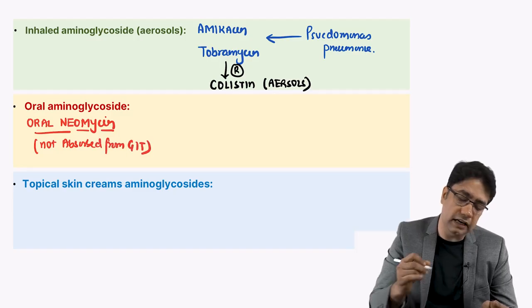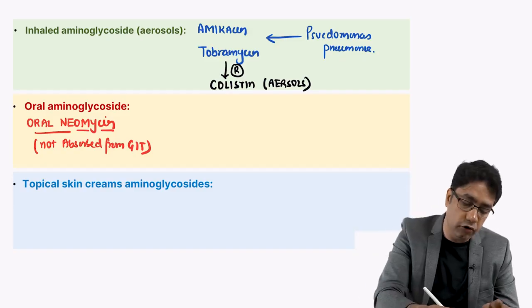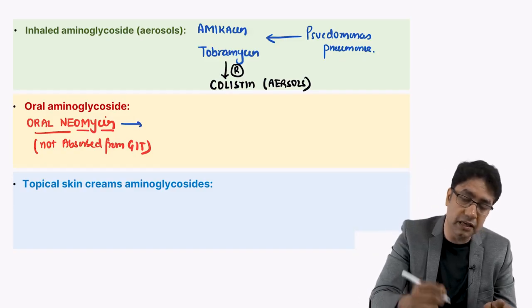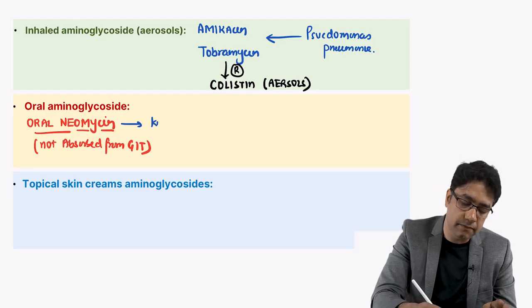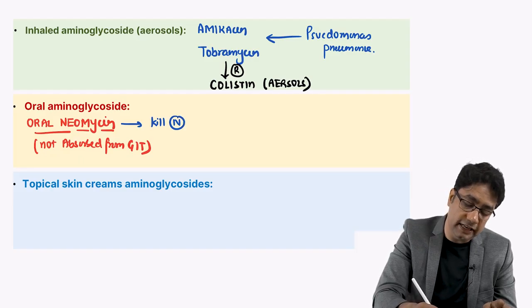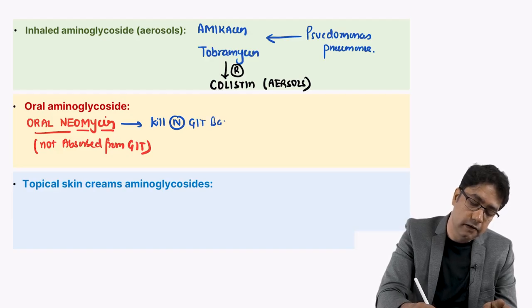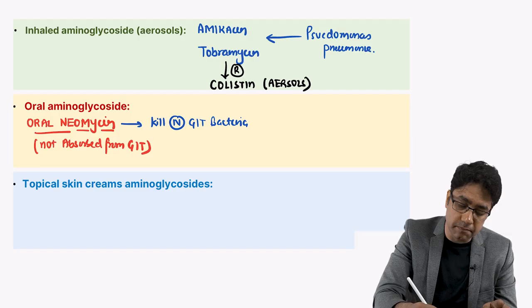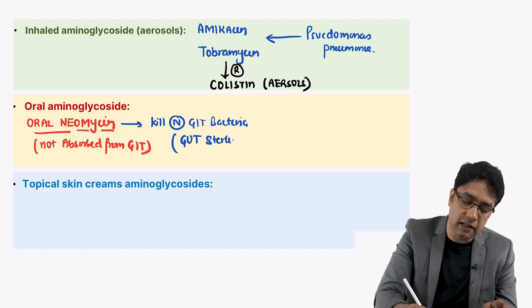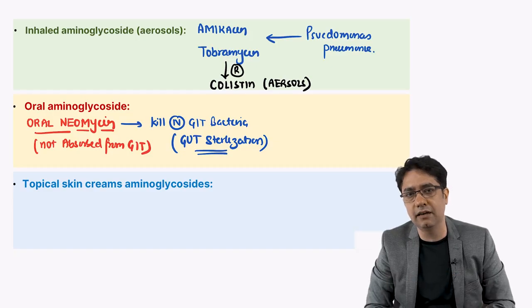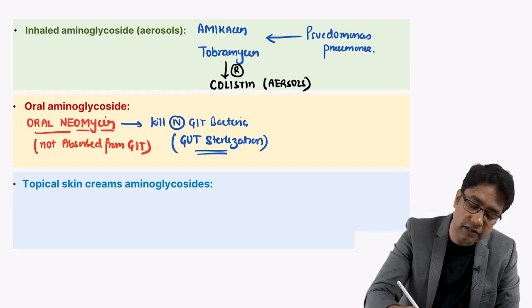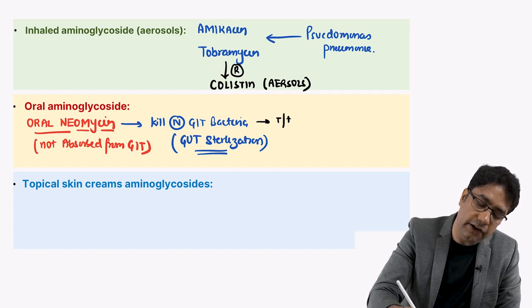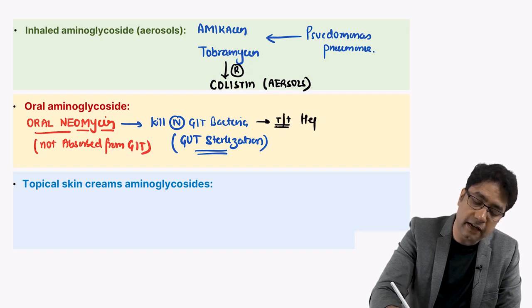So, if it is not getting absorbed from the GIT, it will still kill normal GIT bacteria. So it is given for killing normal GIT bacteria, which is known as gut sterilization.